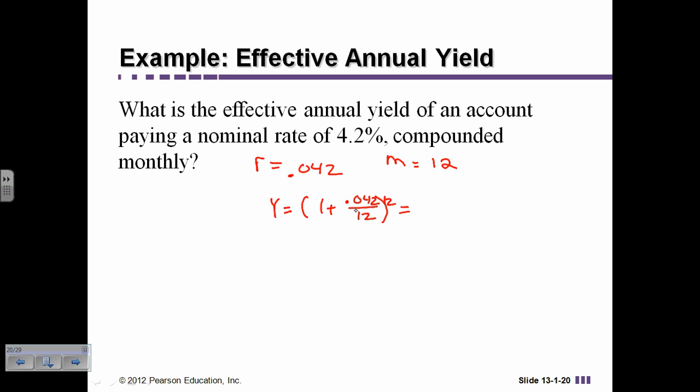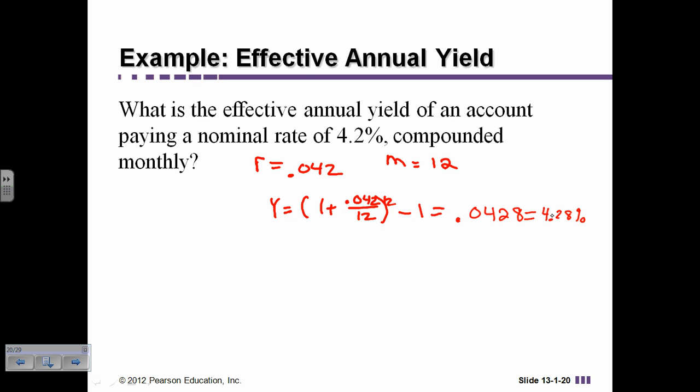I forgot the minus 1 here. And we end up with 0.0428, which is 4.28%.